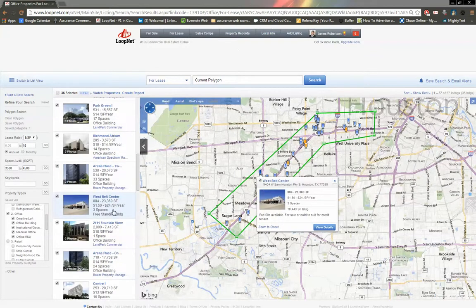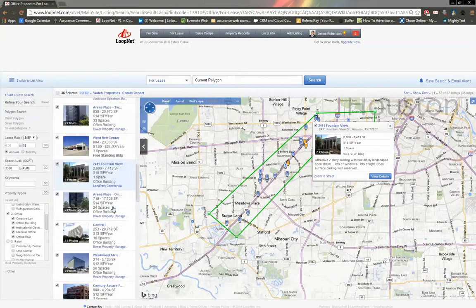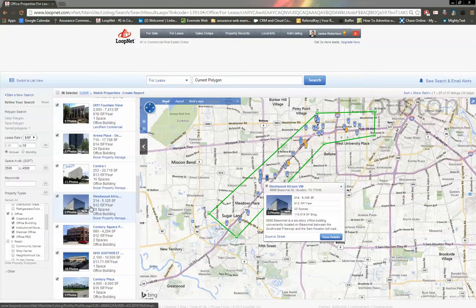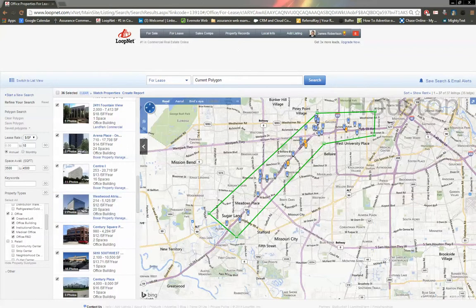Westbelt Center. You know, this is something that may or may not work. I don't like this building. I also know this building well. That's a very trashy building. Okay, I'm having problems now. Oh, let me.